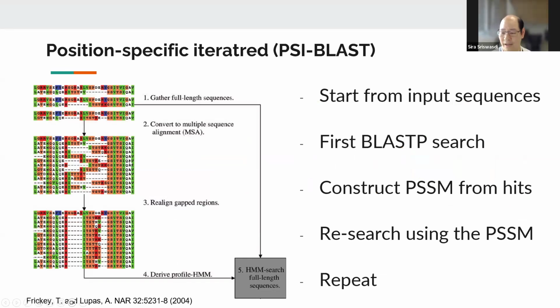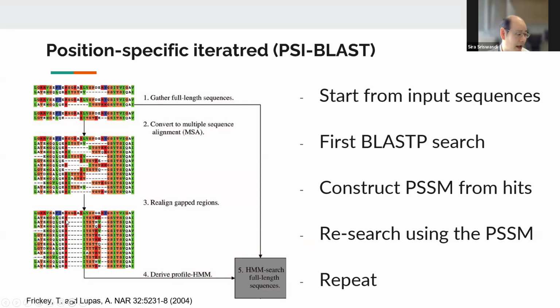And this is not going to be accurate yet because it assumes that all amino acid positions evolve in the same way. But once it does one round of BLAST, and we get some hits, we can do an alignment between these hits. And now we start to know, okay, the fifth position is mostly M, but sometimes V.